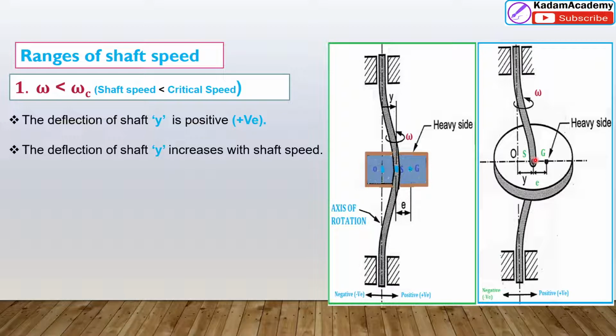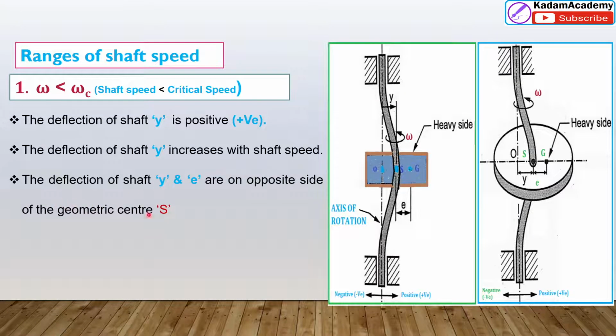This means it rotates with the heavy side outwards. You see, G is outward, which means heavy side outward. The deflection y increases with the shaft speed. Already we have discussed this. The deflection of shaft y and e are on the opposite side of S, and the rotor rotates with the heavy side outside, as shown in the figure. You can see here also that G is outside when it rotates like this. Hence in this speed range, the deflection of shaft y increases with the speed omega.